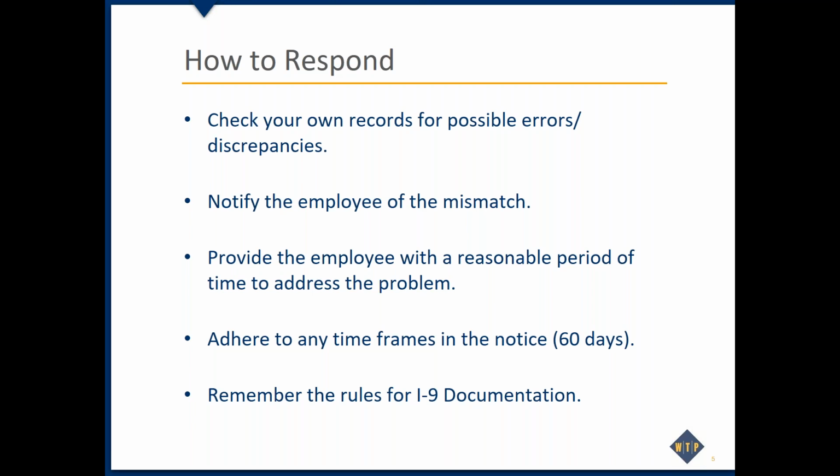And then the question is, how do we address it? The situation with employees who have not been able to verify their Social Security number within the 60 days, and they're still in the process of taking steps to document their employment authorization for you.